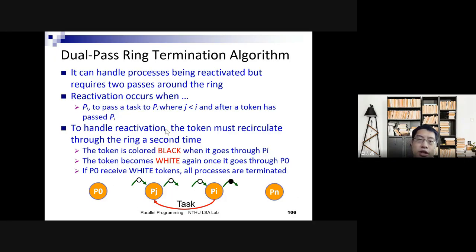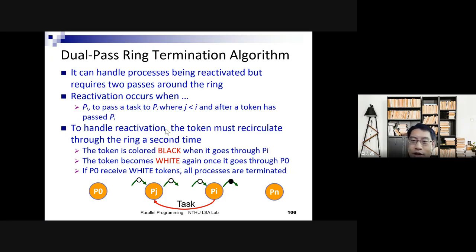So what is a dual pass ring termination algorithm? This is way more complicated, especially if you implement it, you will know how hard it is. Not just to understand, but to correctly implement it is very tricky because it involves some synchronization issues. We used to have it as a homework, but we found it so hard to verify the correctness that we didn't include it in our homework anymore.